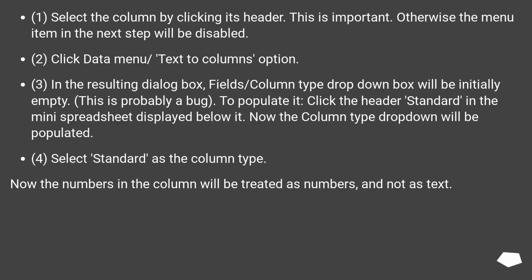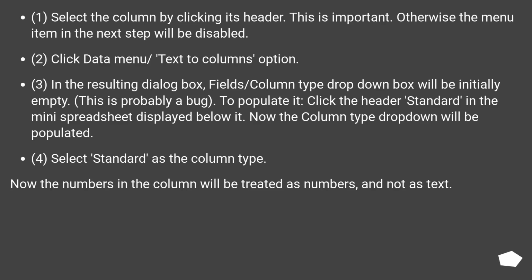1. Select the column by clicking its header. This is important. Otherwise the menu item in the next step will be disabled. 2. Click Data menu, Text to Columns option. 3. In the resulting dialog box, Field/Column Type drop-down box will be initially empty.